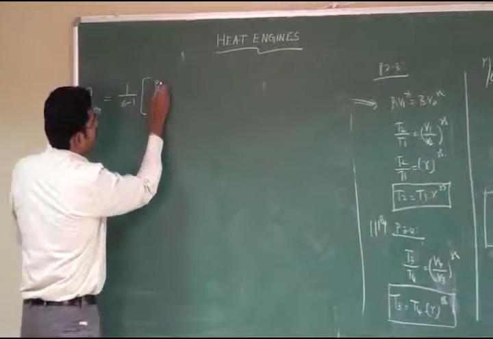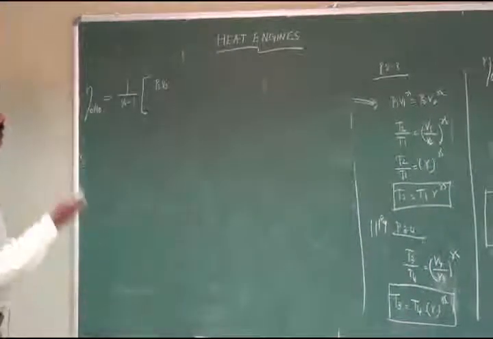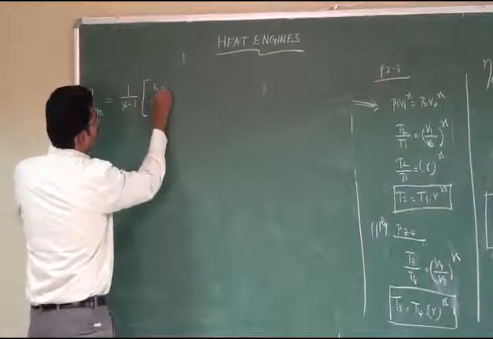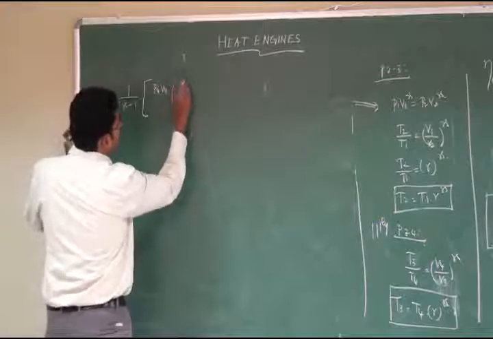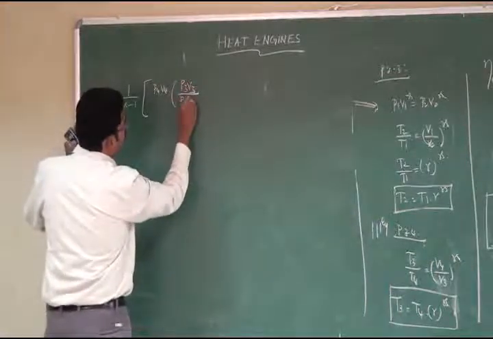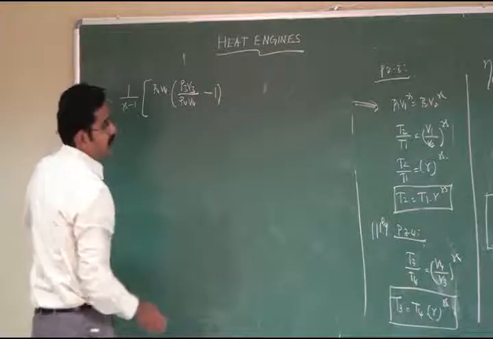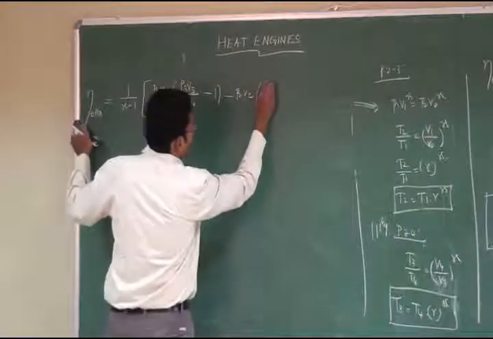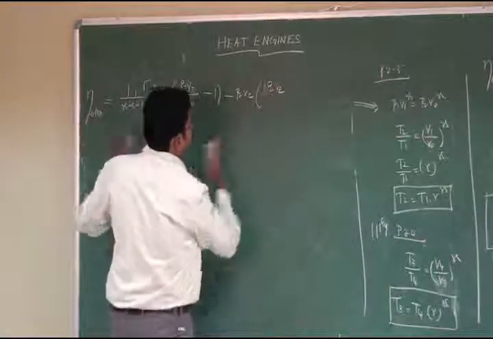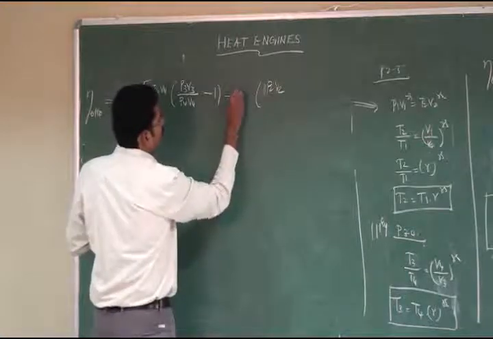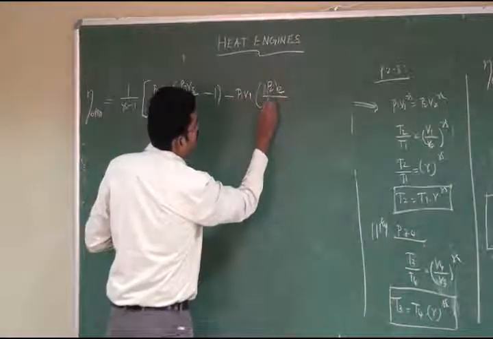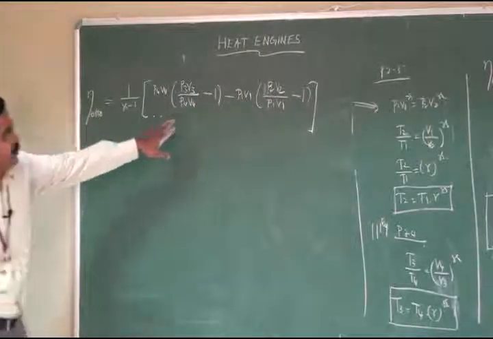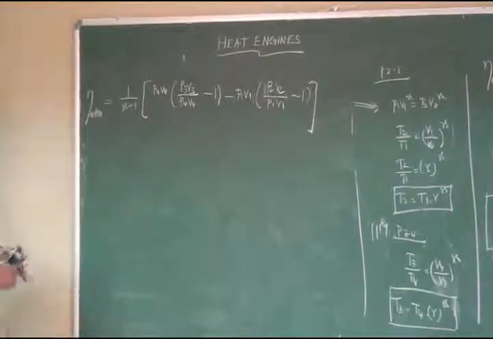Here we take P4 V4 outside, then we have P3 V3 divided by P4 V4 minus 1, and minus P2 V2, sorry, I keep P1 V1 outside, then P2 V2 divided by P1 V1 minus 1. That is, I am taking P4 V4 as well as P1 V1 outside. Both equations are the same.